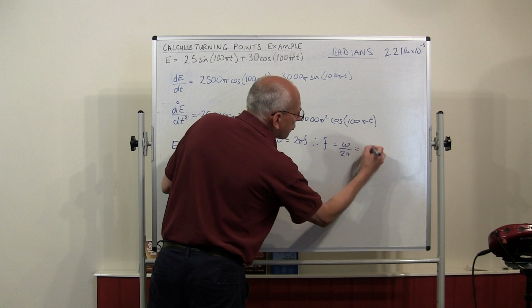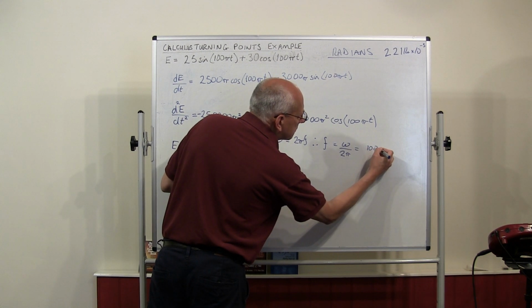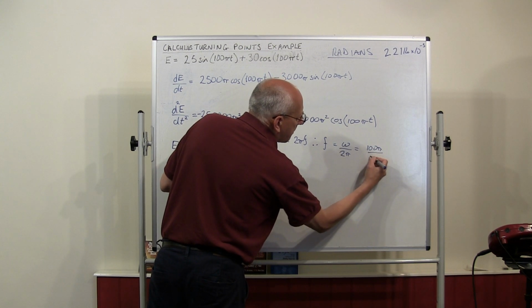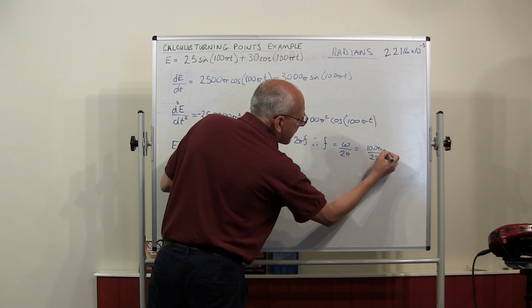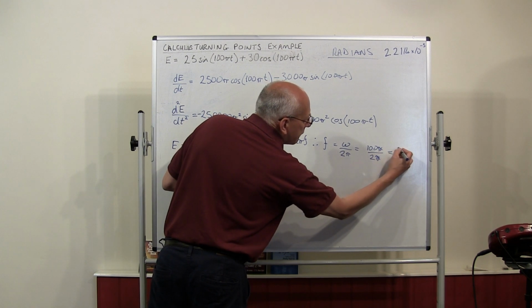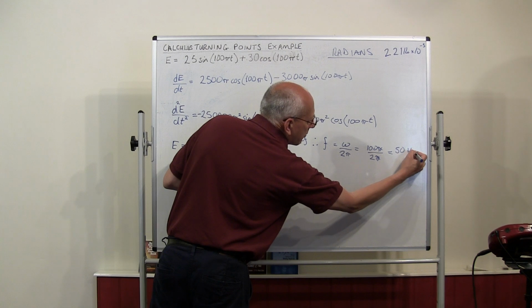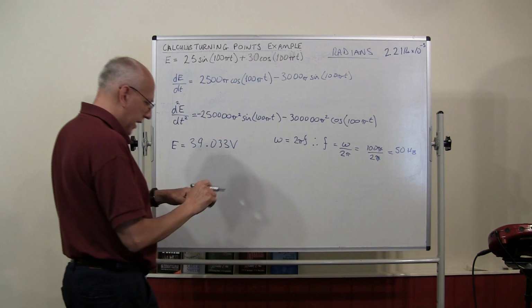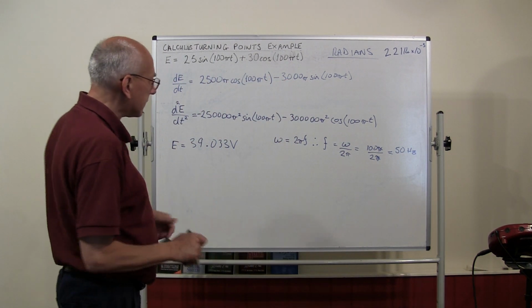Our omega is 100 pi, divided by 2 pi, so the pi's cancel, so that is actually 50 hertz, which is what the mains is in the UK and most of the world.